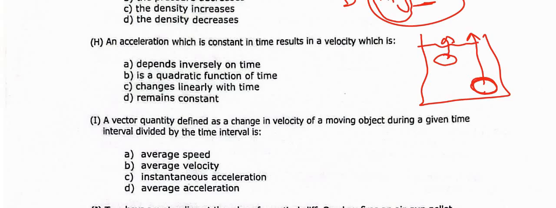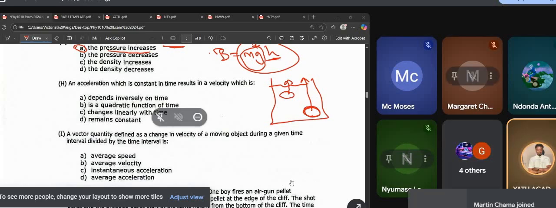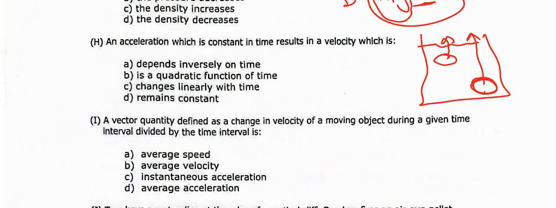Because if we maintain the y, it makes us go back to the whole equation of velocity. I know the first temptation here is to think that when acceleration is constant, it means that the velocity has to be 0, but it's the other way around. When velocity is constant, that's when acceleration is 0.